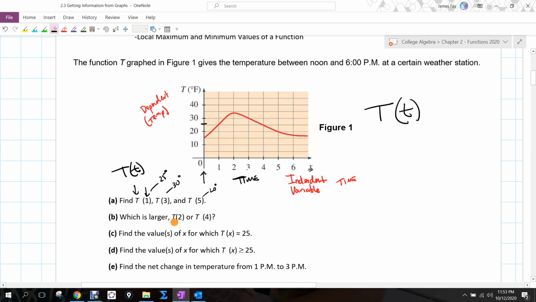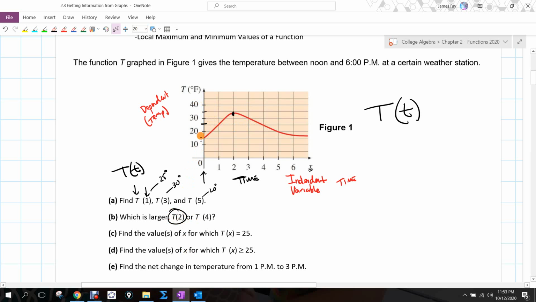Which is larger, T of 2, a little bit less than 35, or T of 4, which is 25? That one's going to be larger, right?